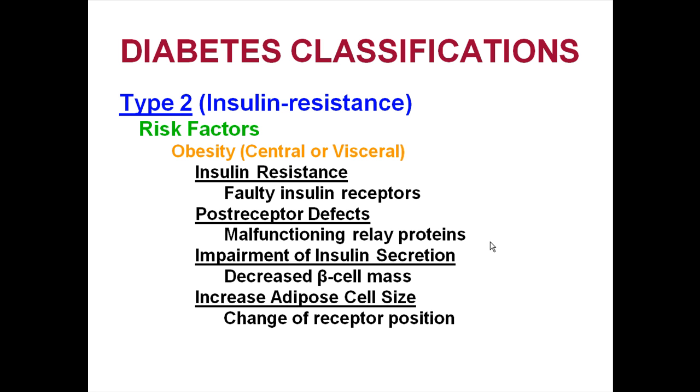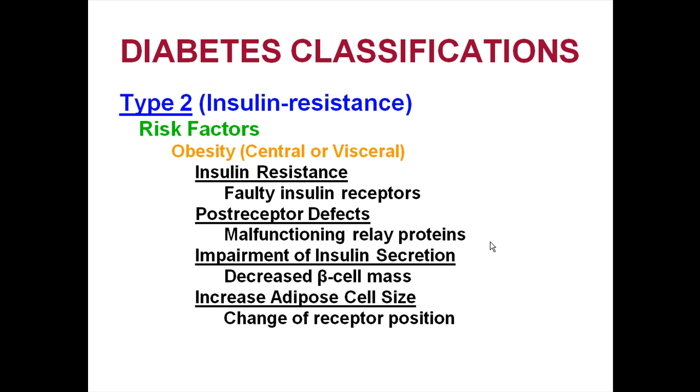And then there is some evidence that I've heard about where, if your adipose cells get bigger, it can affect the shape of the receptor in the plasma membrane for insulin, and if it affects it enough, then the insulin will not fit into the receptor.